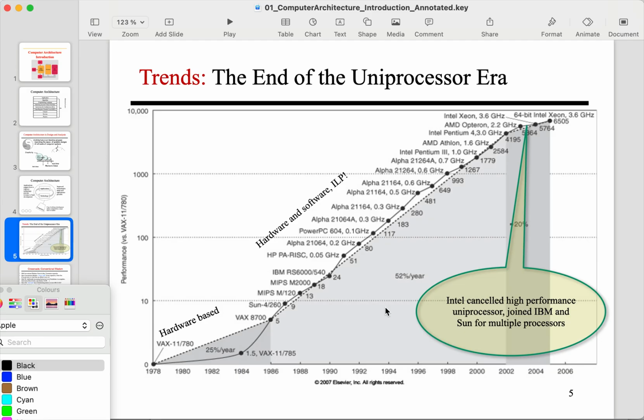Here we can see trends of the processors and the central processing unit. We can see trends of how the CPU technology has developed through time, going all the way back to 1978, and through the years here we can see the new CPU names along with their speeds, hardware and software.